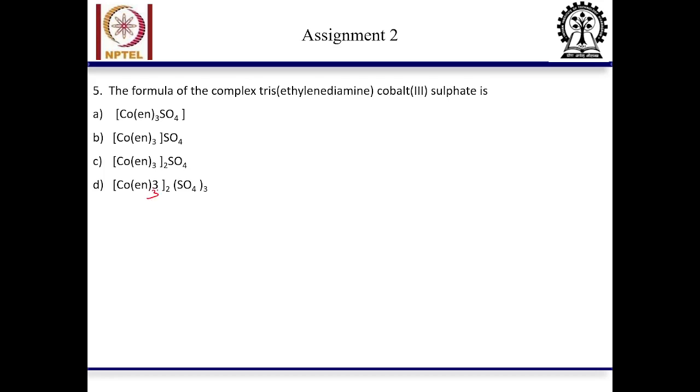This is not a subscript, sorry, this is the subscript.